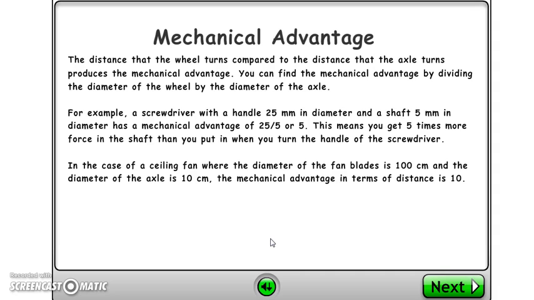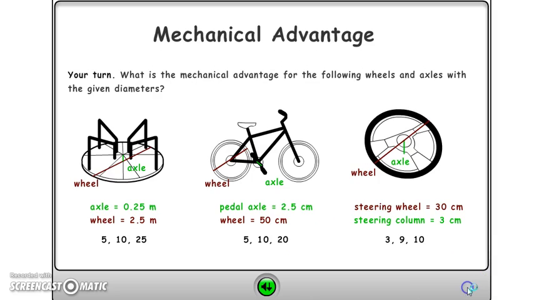In the case of a ceiling fan, where the diameter of a fan blade is 100 centimeters and the diameter of the axle is 10 centimeters, the mechanical advantage in terms of distance would be 10. Now, let's take a look at these 3 examples of wheel and axle simple machines.